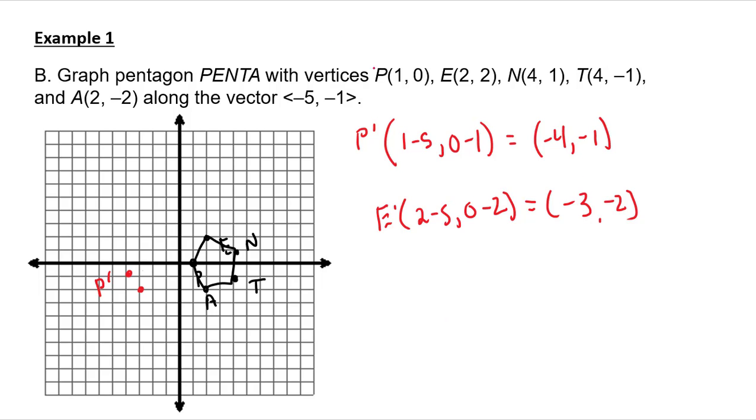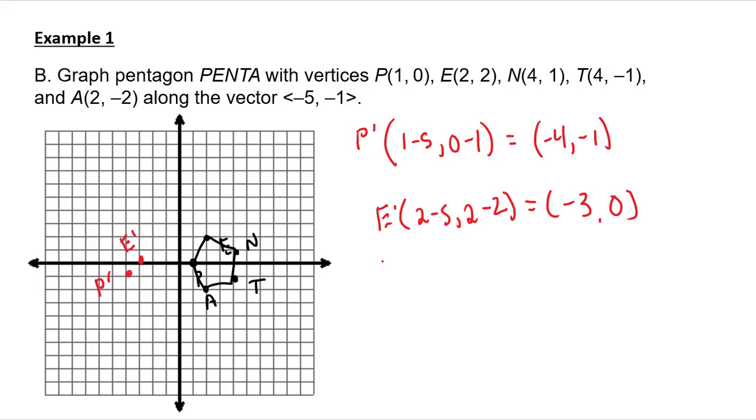I'm sorry, I don't know where I got that 2 from. That should be a 2, so that changes this to a 0. I apologize, I wasn't thinking. I was wondering why that didn't look right. So -3, so if I shift this 5 over, 1, 2, 3, 4, 5, that's -3. Shift it down, that's my E prime.